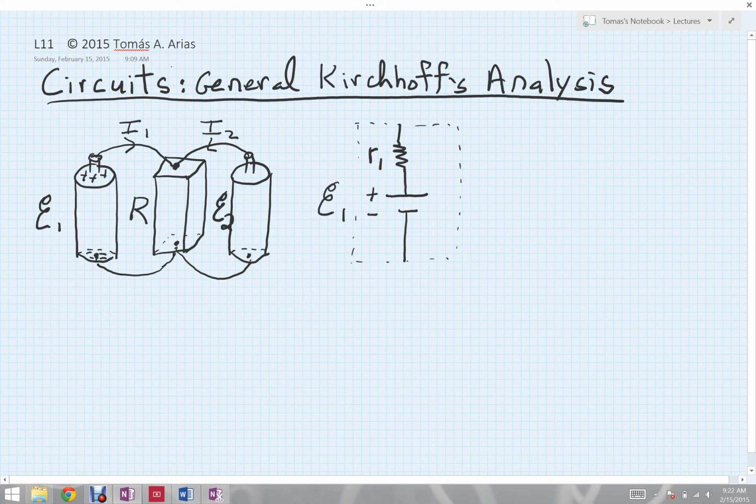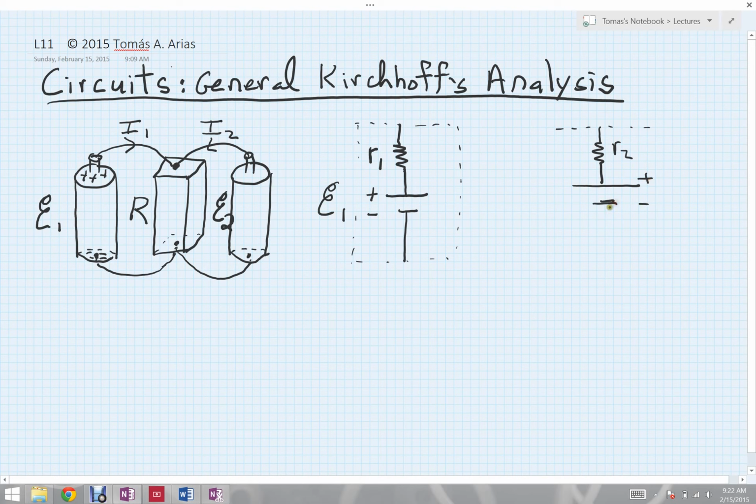And for that, I will use a lowercase r with a subscript of 1. Okay, so that represents the first of my batteries. The second battery on the other side, I will represent in exactly the same way with some internal resistance, r2. My ideal battery symbol with its plus and minus plates.